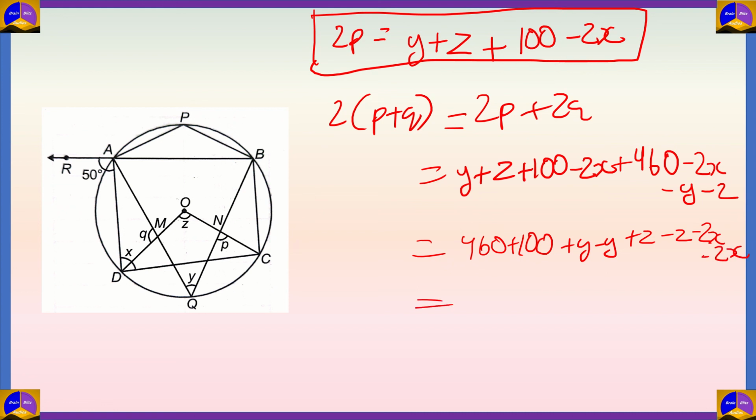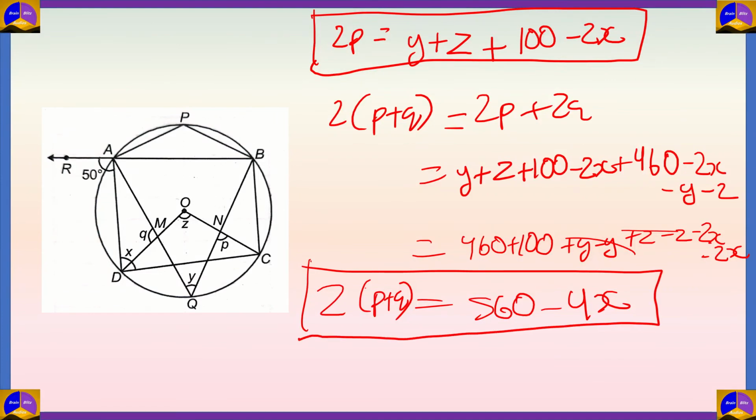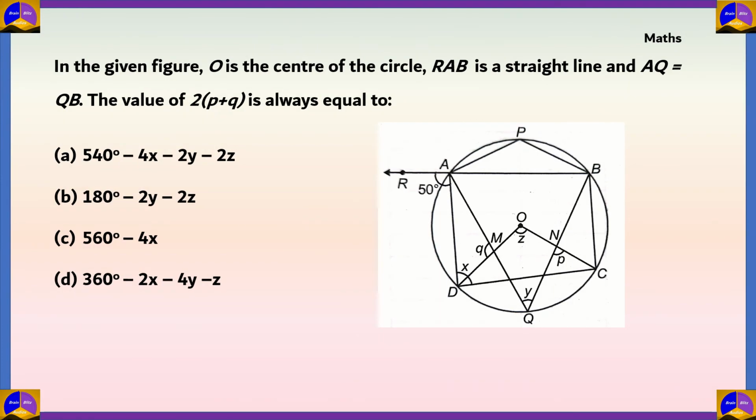Now 460 plus 100 is 560, plus Y and minus Y cancel each other, plus Z and minus Z cancel each other. We get minus 2X minus 2X, which is minus 4X. So the value of 2 times p plus q is 560 minus 4X. And we can see that option C says 560 minus 4X. So this is the correct answer for this question.